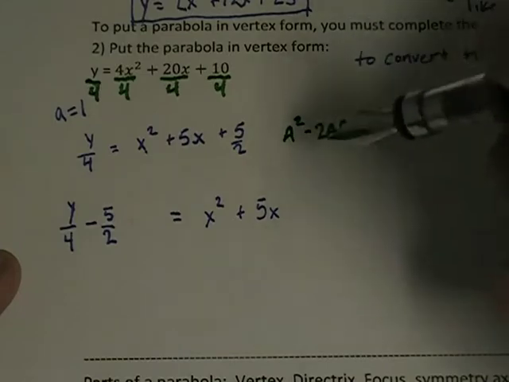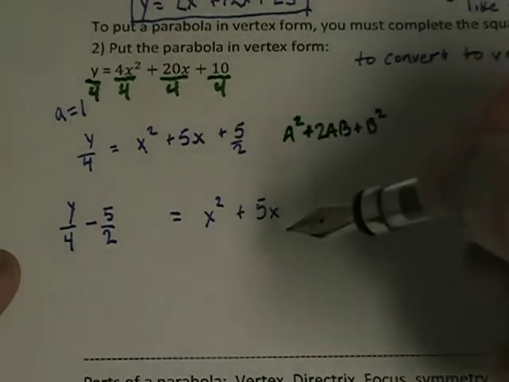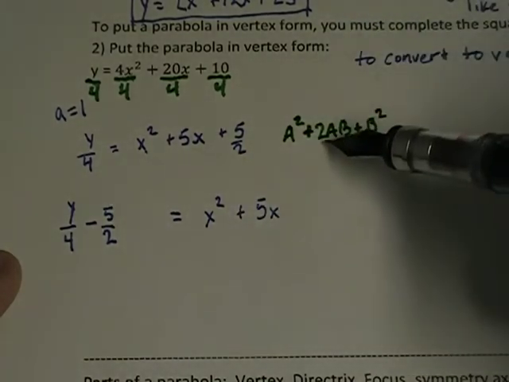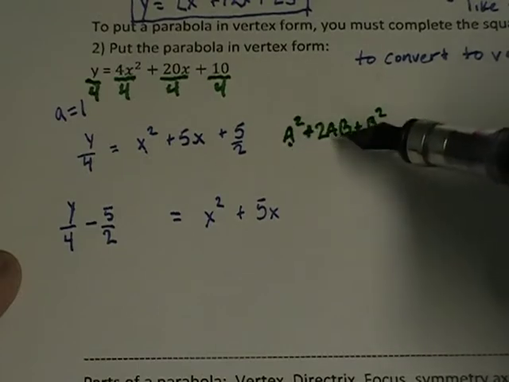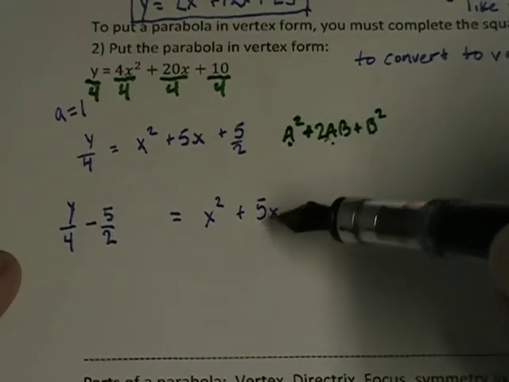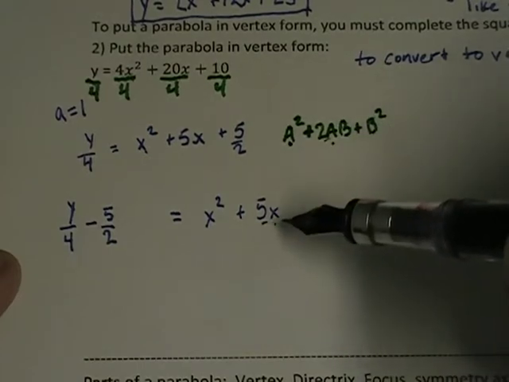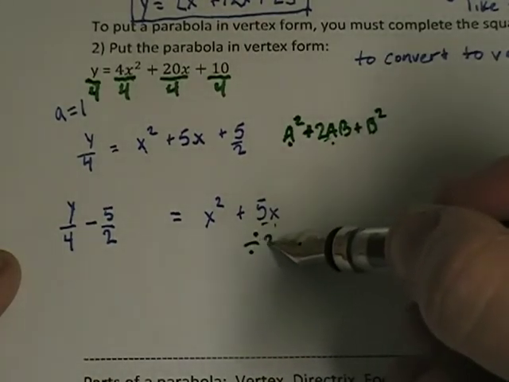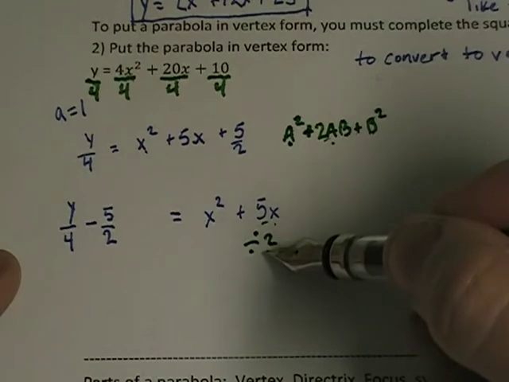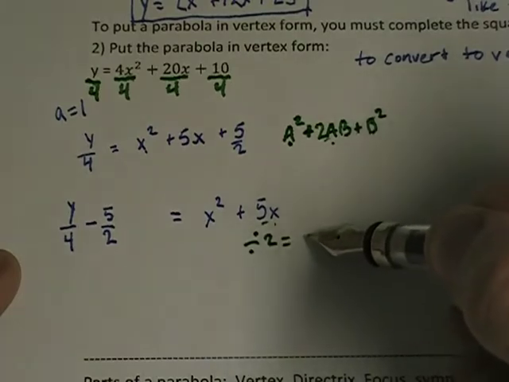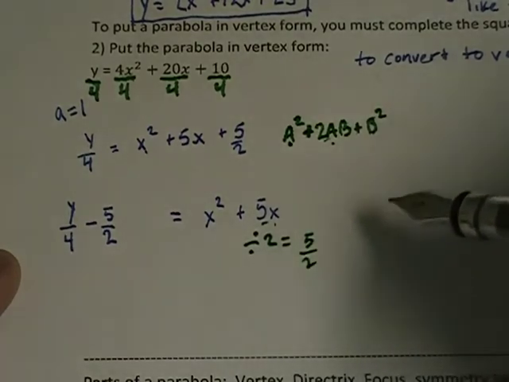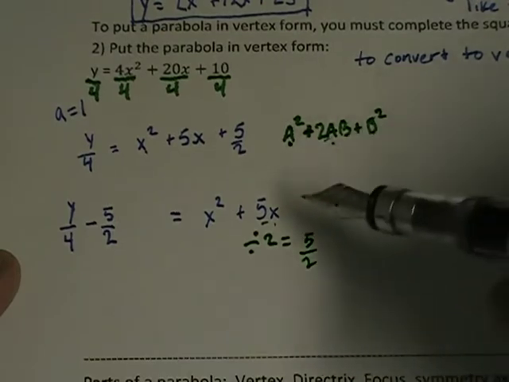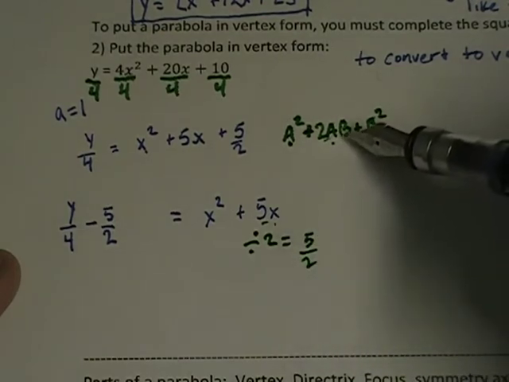Okay? Actually, I'll use the plus since that matches the equation we're working with. So, since a is 1, this is really just 2b. This here is just 2b. Well, if I divide this by 2, and this is the same every time, divide this by 2, and you're going to get 5 halves. Okay? That's equal to the letter b.